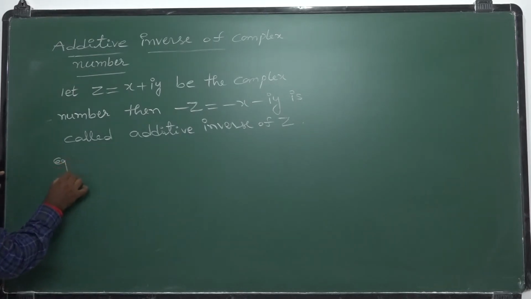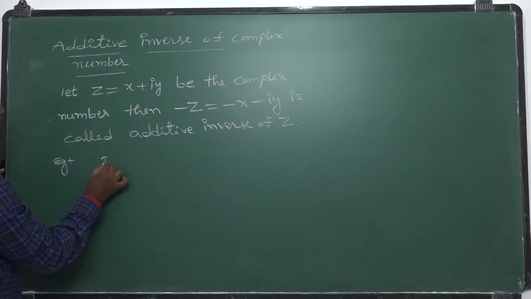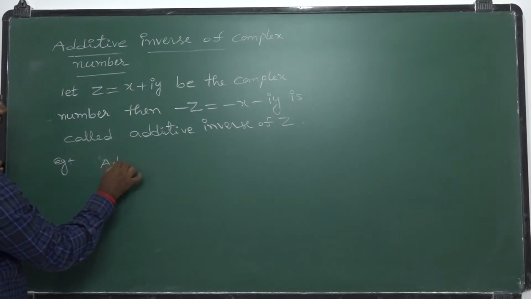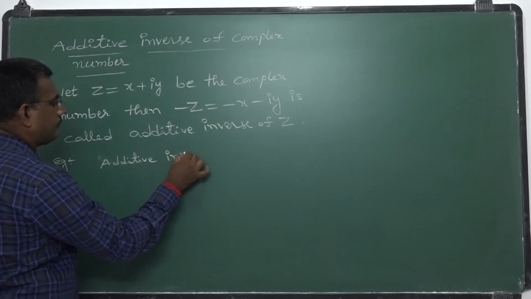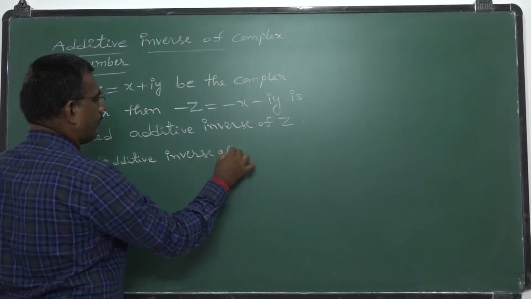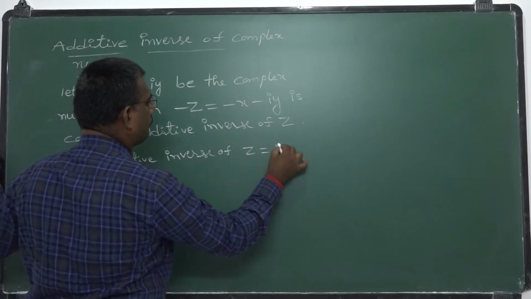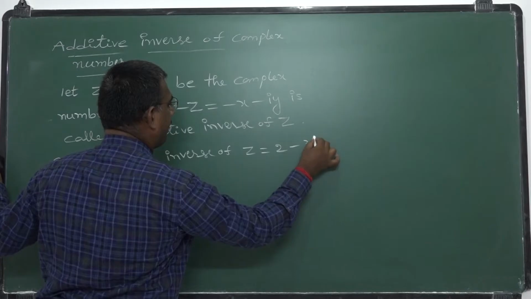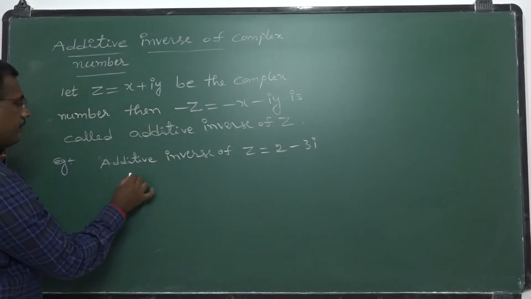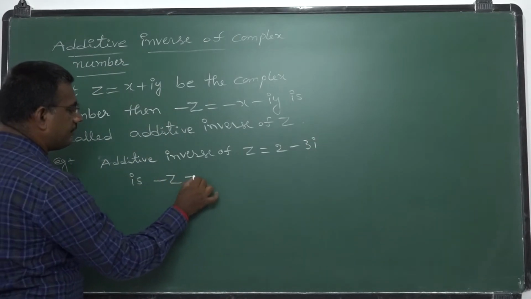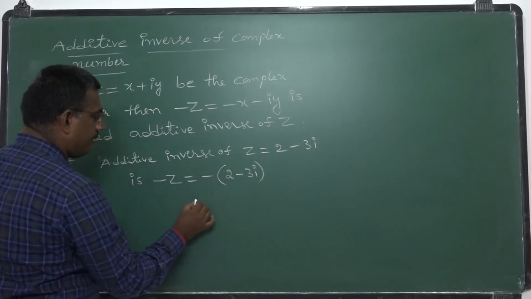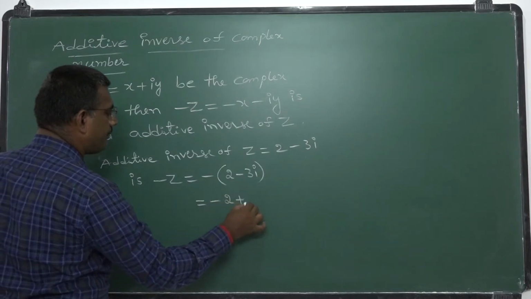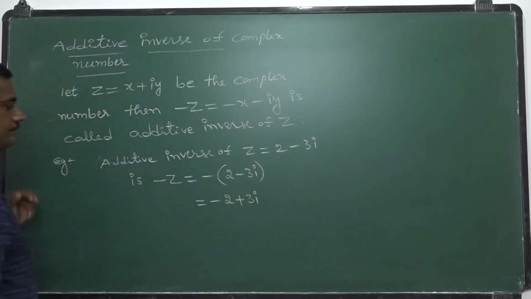Example, additive inverse of z equal to 2 minus 3i is minus z, that is equal to minus of 2 minus 3i, that is equal to minus 2 plus 3i.